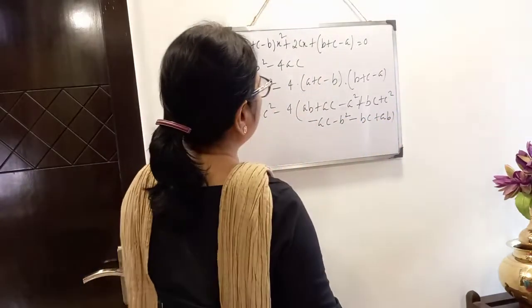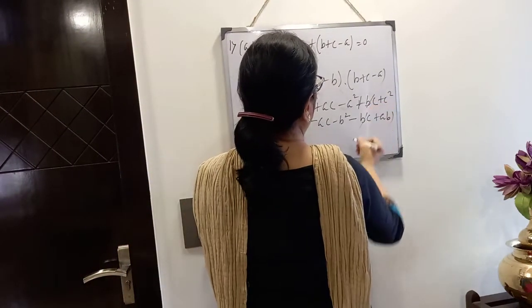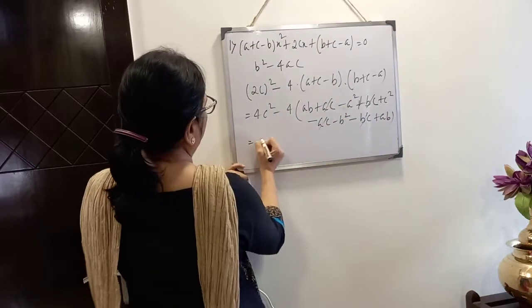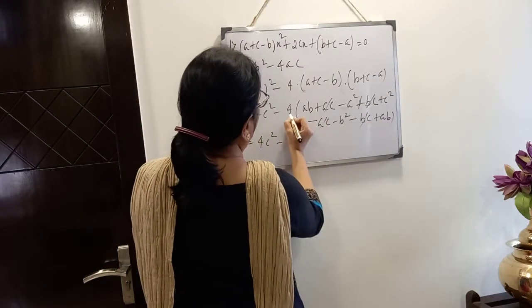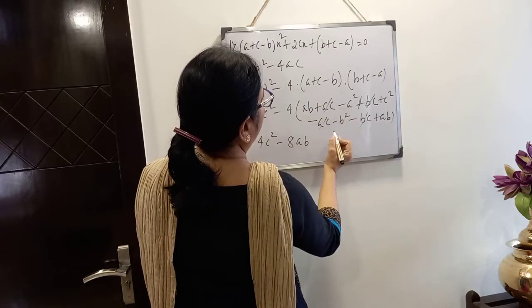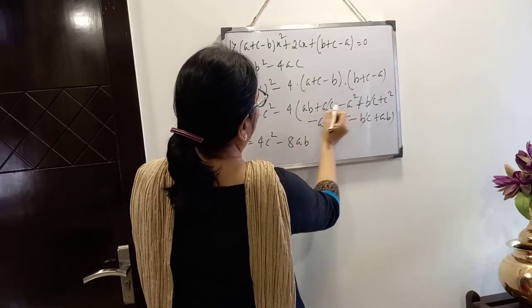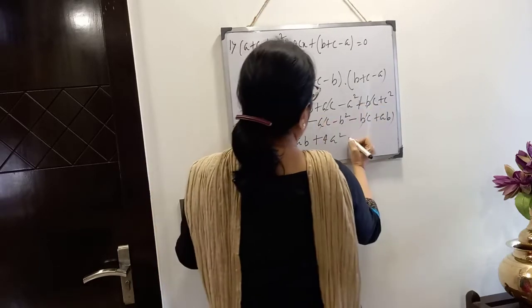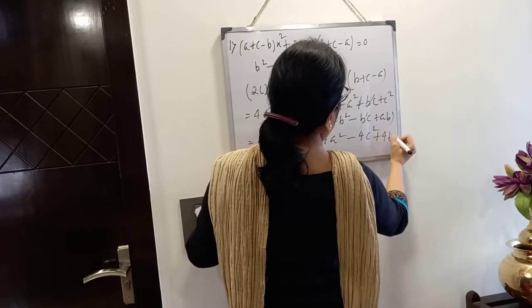Now anything is cancelling. BC, AC, AB plus AB, twice AB, and 4, 8AB, a square, okay, plus 4a square minus 4c square plus 4b square.